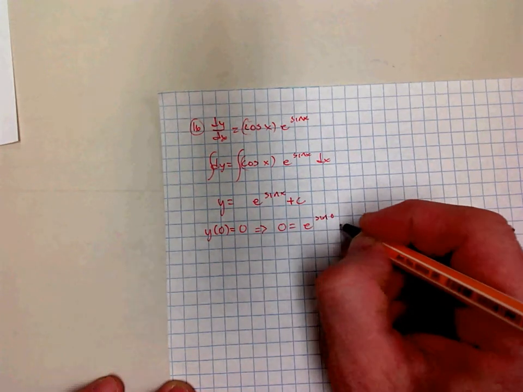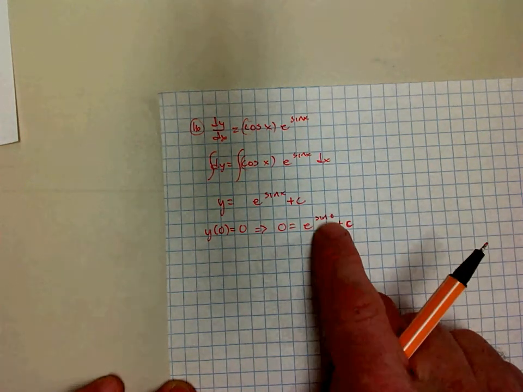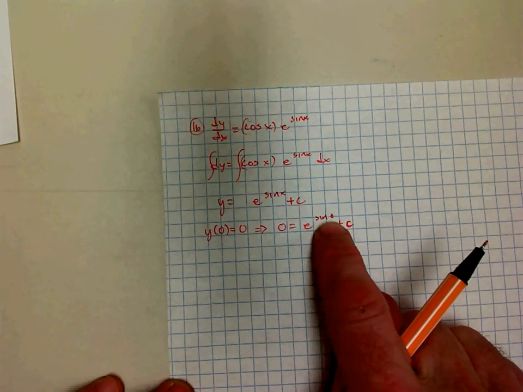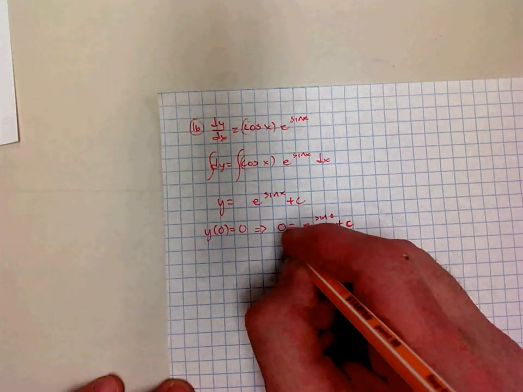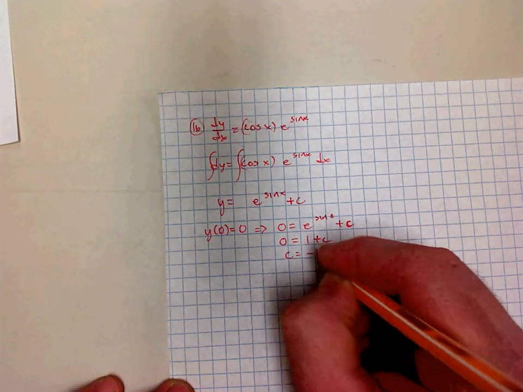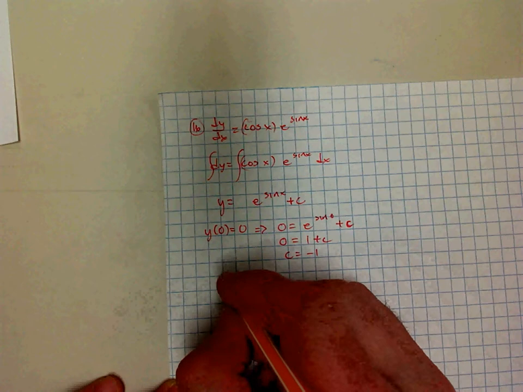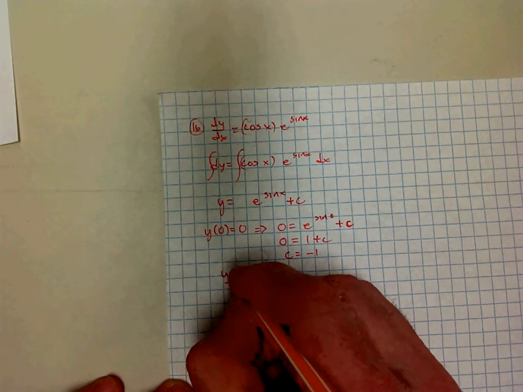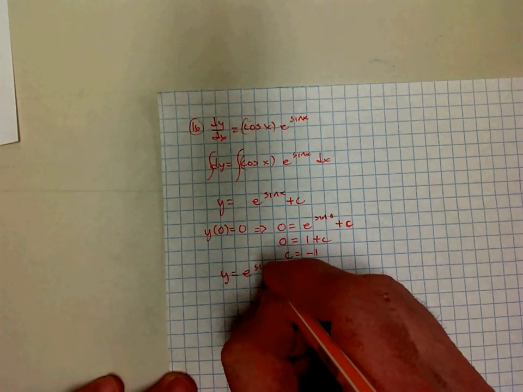Of course, the sine of 0 is 0. Anything to the 0 power is 1, so this becomes 0 equals 1 plus c. So c is going to equal negative 1. So our equation will be y equals e to the sine of x minus 1.